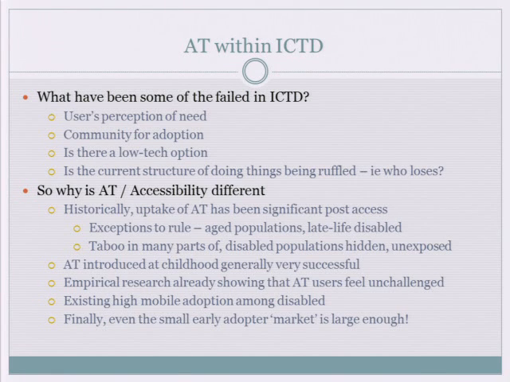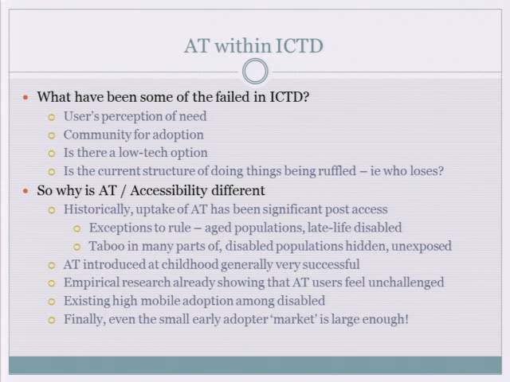So let's look at what has failed within the ICTD space. The first thing is wherever the user's perception of the need for something has not been at the same level as the producer's perception of need. For example, there are projects which provide agricultural prices for farmers, and then it doesn't work out because you and I, sitting in this room, think that farmers should really want the prices for how much they could sell corn for at some other market, but the farmer doesn't pick it up.